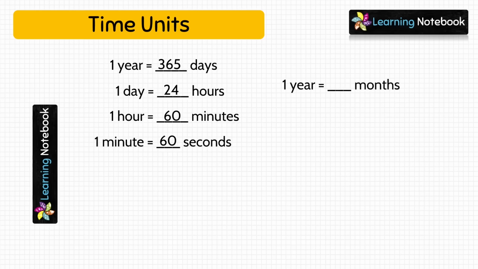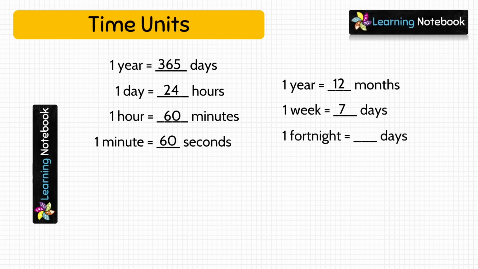Then 1 year equals to how many months? Yes, 12 months. 1 week equals to 7 days. 1 fortnight, do you know it equals to 14 days, which is equals to 2 weeks. So 1 fortnight equals to 2 weeks.